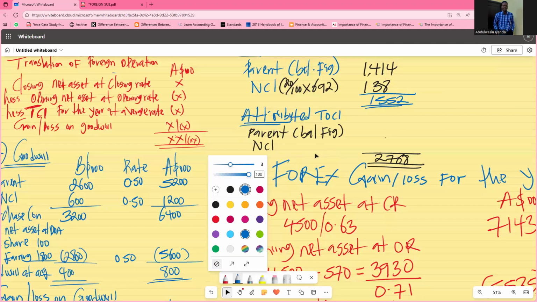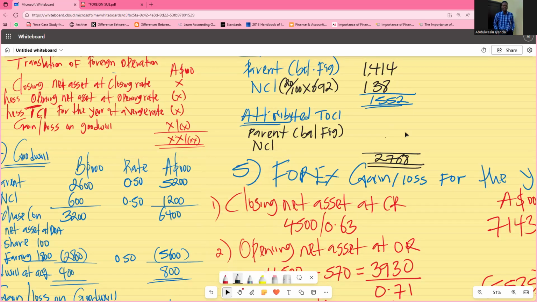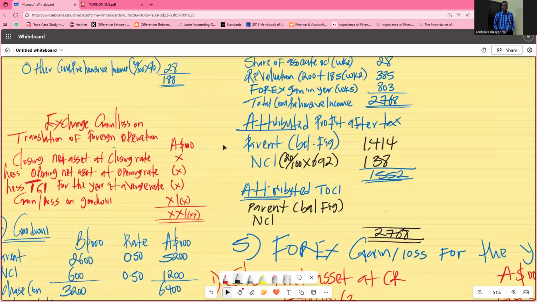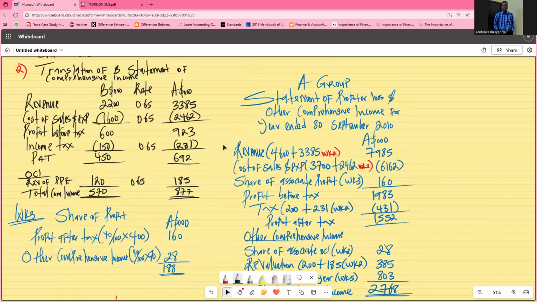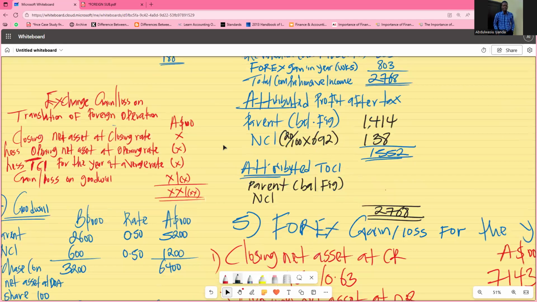So the subsidiary has OCI, and the OCI is 185. So it's not going to be just this 138 that you have in the profit before tax, plus 20 divided by 100 multiplied by 185.